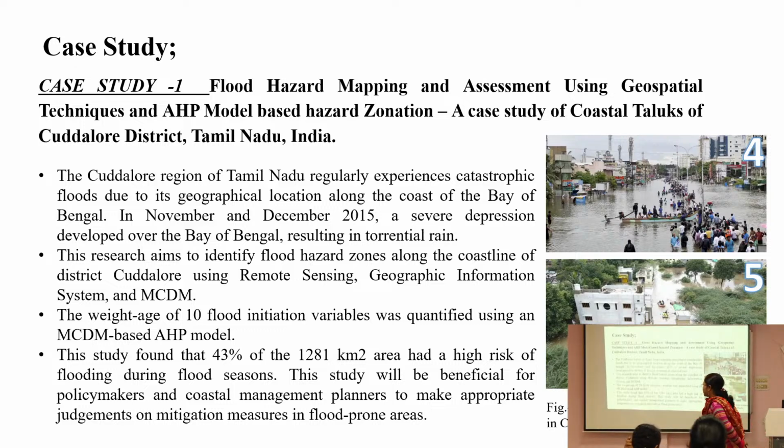When you are doing hazard mapping or vulnerability mapping, it depends upon parameters like slope, elevation, land use, land cover, population, drainage density. How do we give weightage to every parameter? Sensitivity: which parameter has more influence on urban flood, that weightage we have to see in the MCDM model.